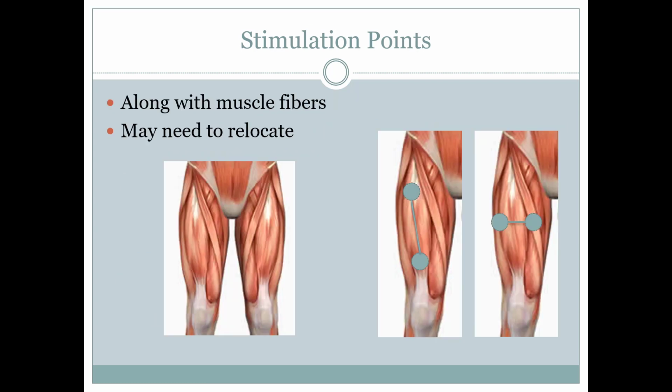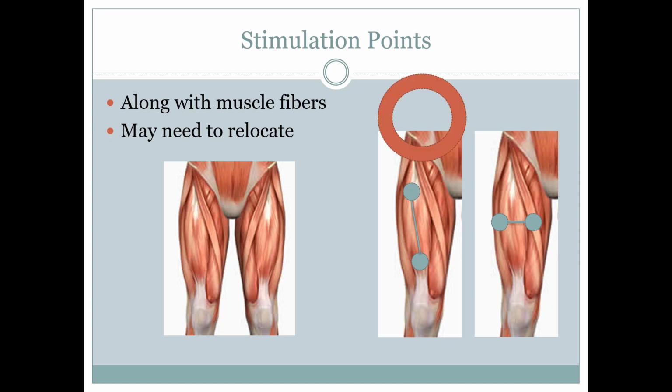If a clinician is trying to locate stimulation points, either motor or trigger points, it is very important that the clinician has a solid understanding of the musculature and underlying anatomy in which they are attempting to treat. It is imperative that a clinician be able to identify muscle origin, insertion, and fiber direction in order to properly place electrodes.